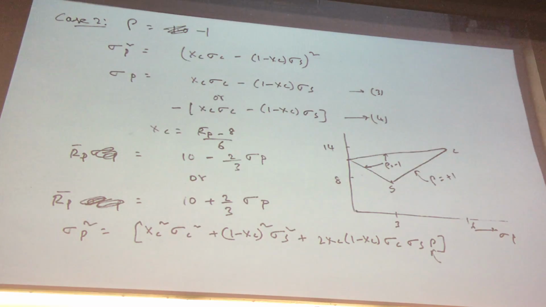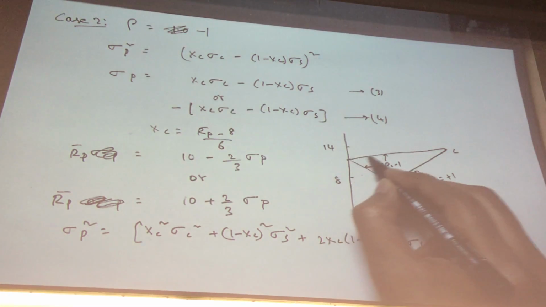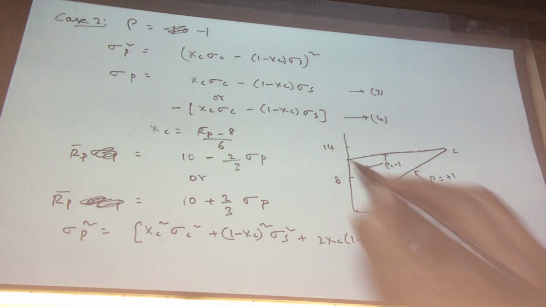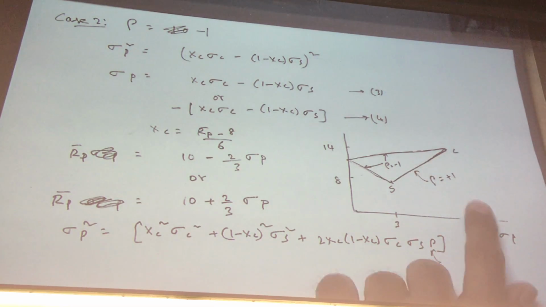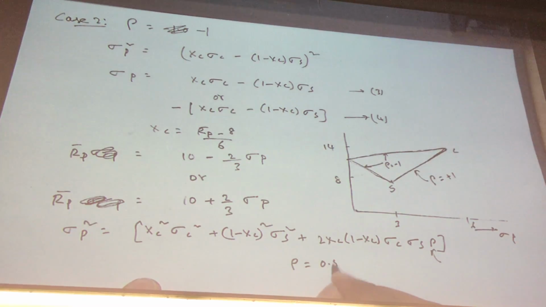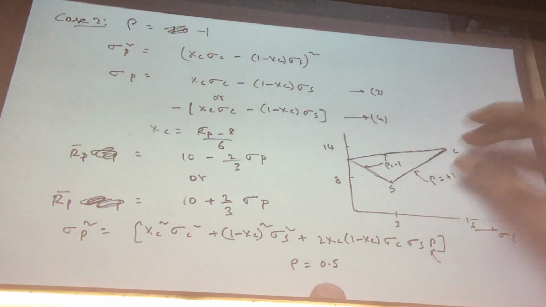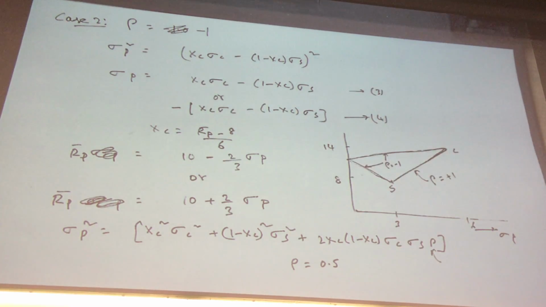Is that clear? So when rho equals -1, you get this one. When rho equals +1, you get this right value. Now, if I substitute rho equals 0.5, then the new feasibility set, this is the feasibility set for rho equals 1, and these two straight lines represent the feasibility set for rho equals -1.